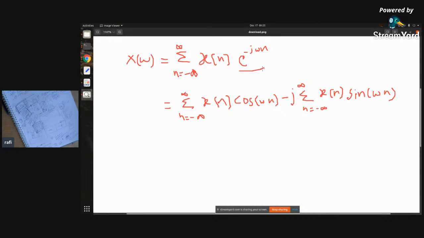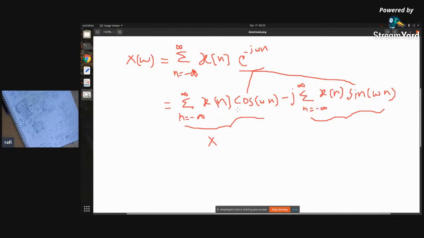Here n is a dummy variable, so summation with respect to n nullifies n, and it is only a function of omega.